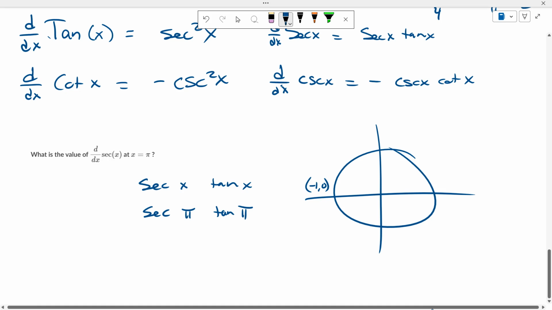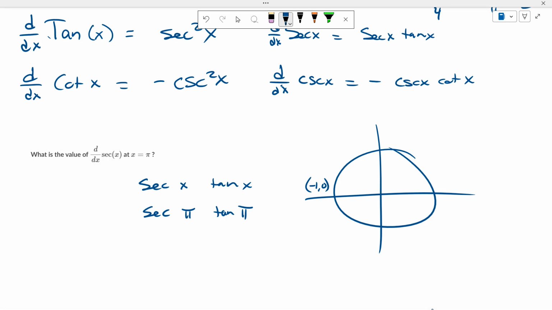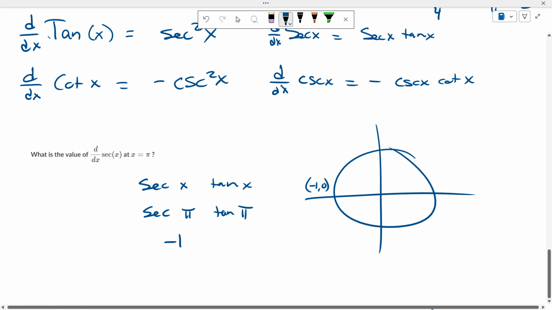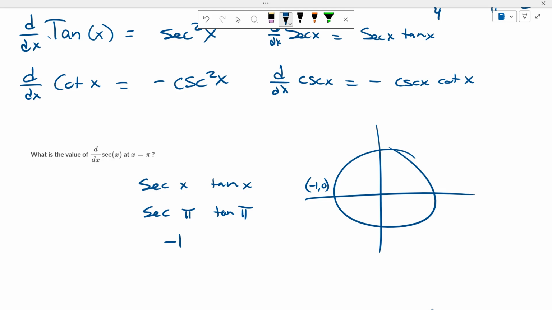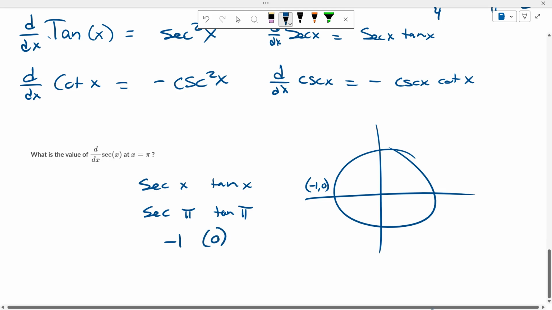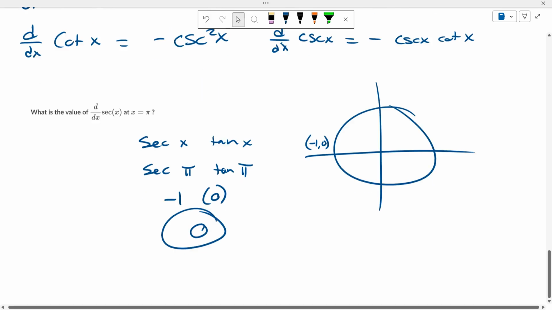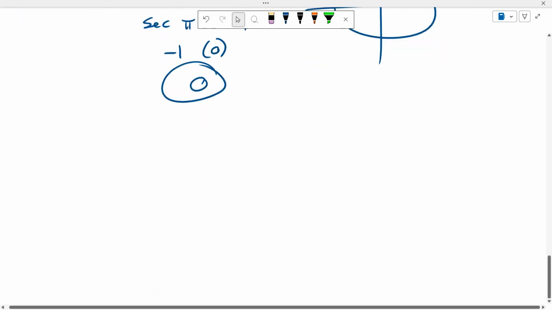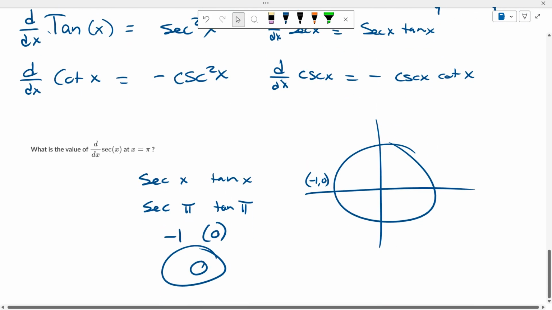So the secant at pi is 1 over -1, which is -1. The tangent at pi is 0 over -1, which is 0. 0 times -1 is 0. Okay, you have enough stuff to keep you busy for several hours.